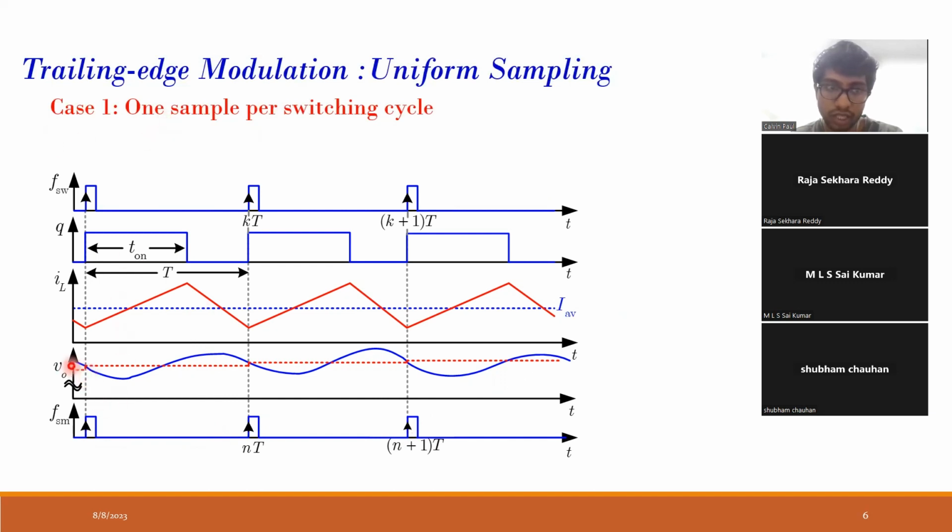The output voltage is continuously varying, but when I'm converting it to the digital domain, I have only the information at one particular instant. The rest of the ripple information I am losing, because I'm taking only one sample per switching cycle. And this is happening at a uniform rate.